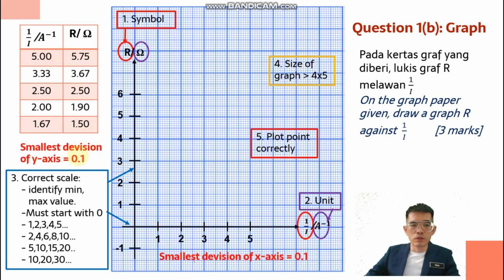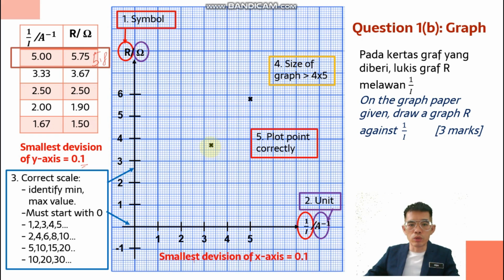However, as mentioned, the y-axis also has the same smallest division, which is 0.1. So for the value of y, the first reading is 5.75, and we have to round it off to 5.8, as the smallest division only has 1 decimal point. So the first reading will be about this location, where it's 5 and 5.8.